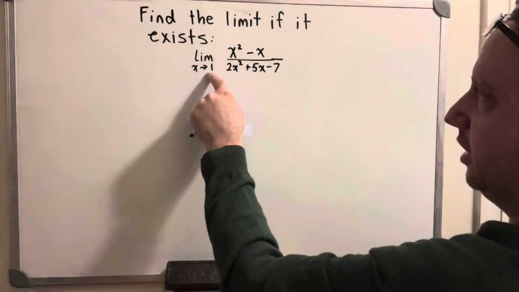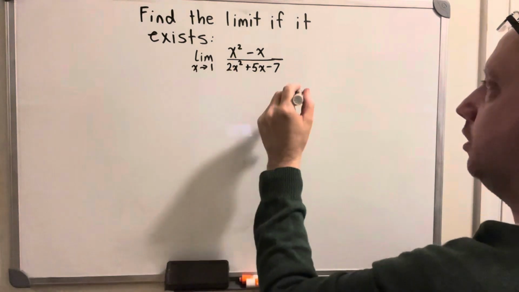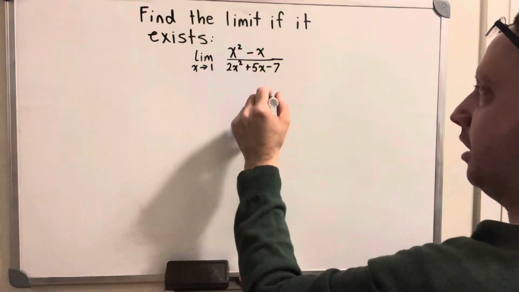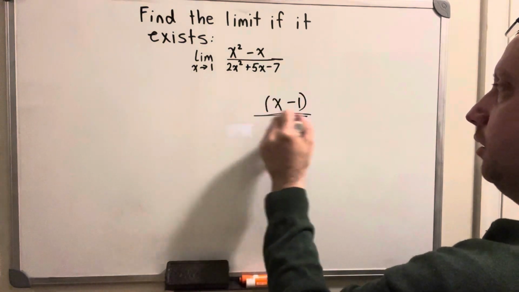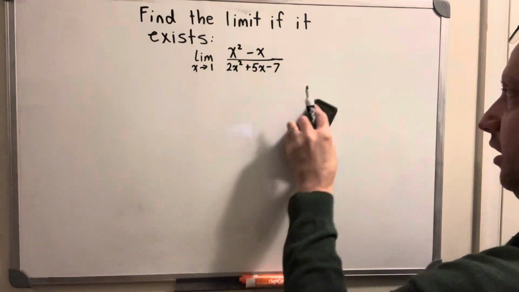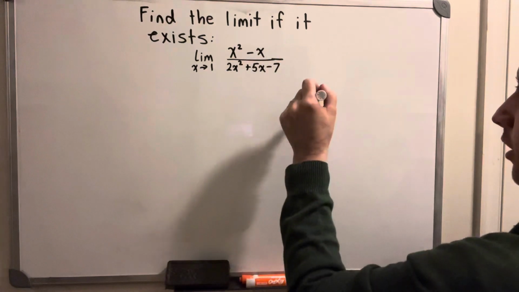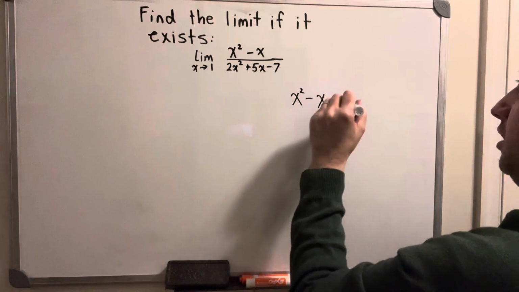So that's the goal with this problem here. Since this is x approaches 1, if we can factor x minus 1 out of the numerator and the denominator, then we'll be good. Let's factor the numerator. What is x squared minus x equal to?